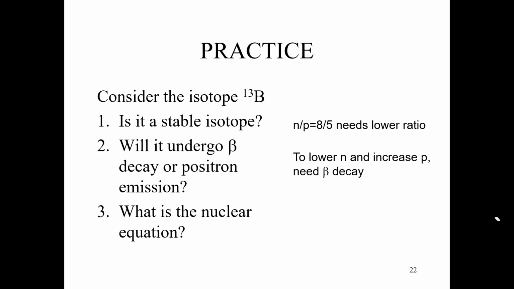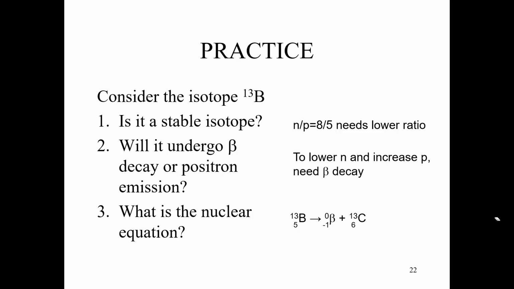Now we know that our parent nuclide is B13 with an atomic number of 5, and the product is a beta particle. So what is the daughter nuclide? Please pause the video and finish it out so you can do this. So this is boron 13 emitting a beta particle. What would be the daughter nuclide? Correct, it would be C13.